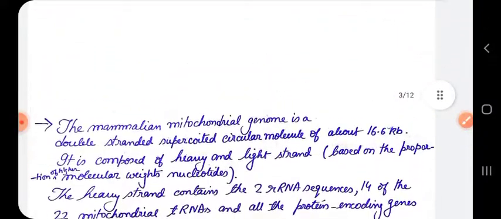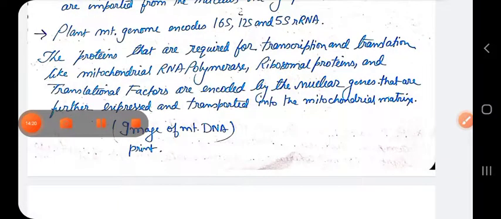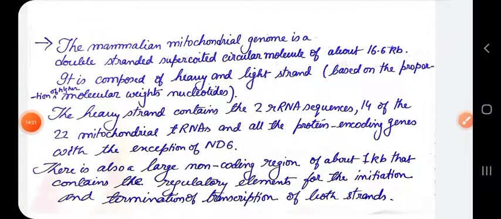So this was about the mitochondrial genome. More information on the mitochondrial genome is yet to be said. Now, about the mammalian mitochondrial genome.